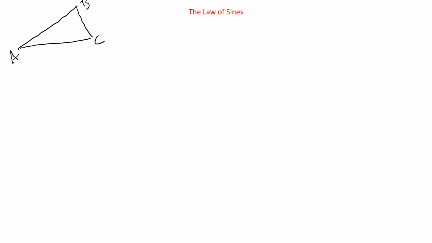So we have vertex A here, so side a is going to be across. Side b is going to be across from angle B. And side c is going to be across from angle C. That way, when we have sides and angles, we know exactly what that's going to be.